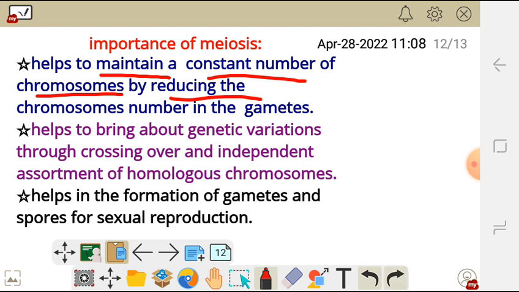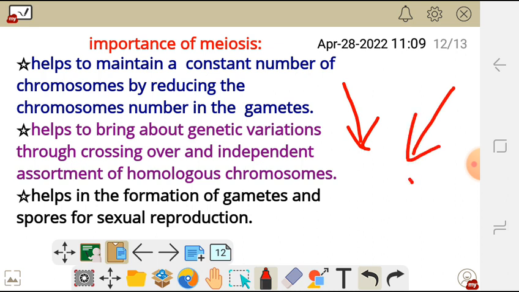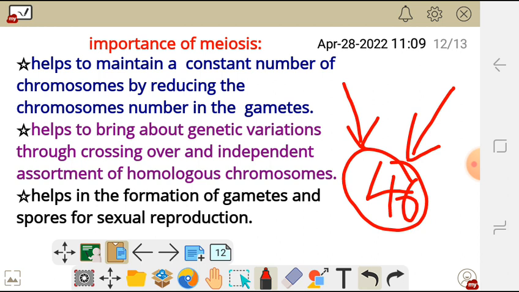It reduces the chromosome number to half, and as reproduction takes place, we get 1 gamete from the paternal and 1 gamete from the maternal side, and form the full set, which is 46 chromosomes. By so doing, it maintains the constant number of chromosomes.